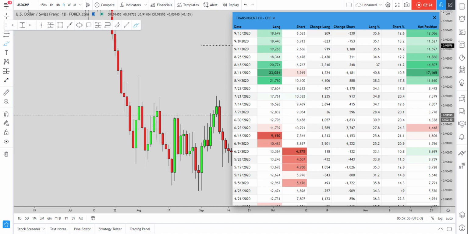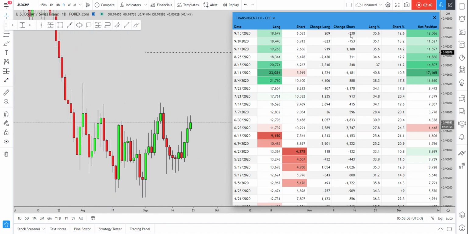So if you want information on USD CHF, you check what you have on CHF USD and you simply reverse everything. In fact, here we can see that the institutions with the last report added 200 longs and closed 300 shorts. So clearly, we know that on USD CHF, they added 300 longs and closed 200 shorts. So definitely, they are starting to accumulate for this move to the upside.